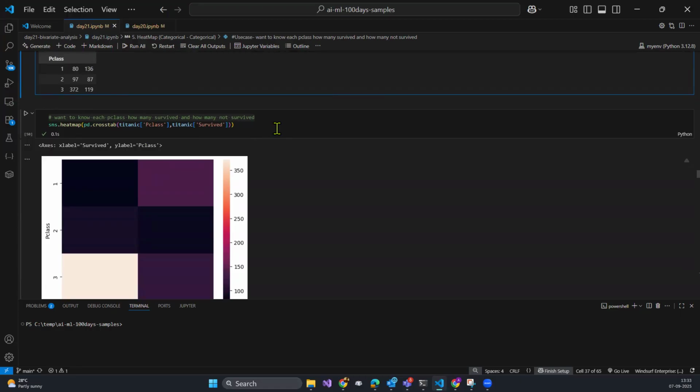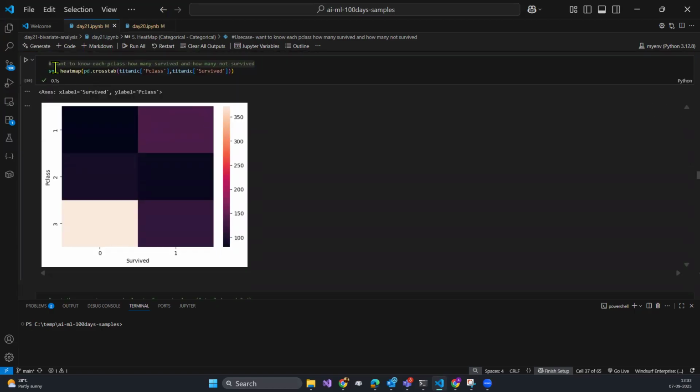So if we want to know how many survived and how many did not survive in each class, if we use a heat map and provide that dataset, you will see this heat map. This dark black shows less, and as it moves towards light color, it shows more numbers.